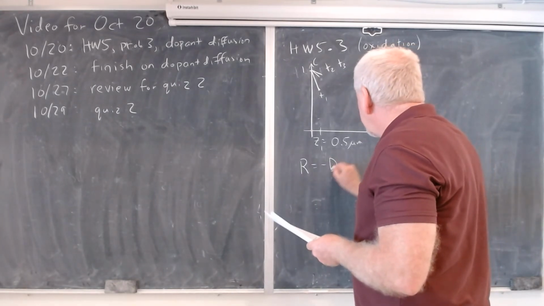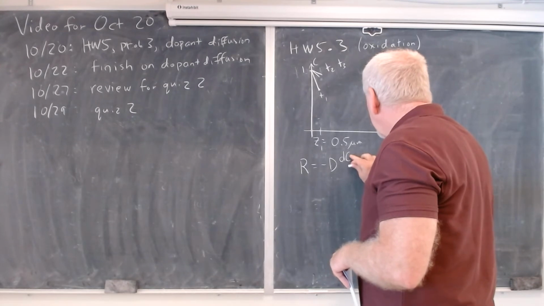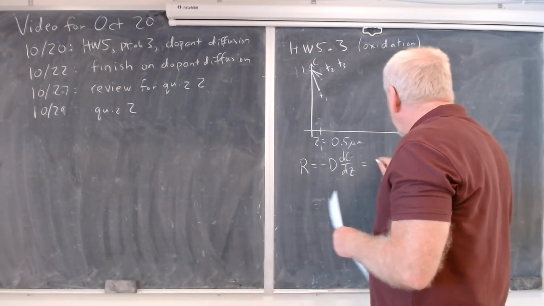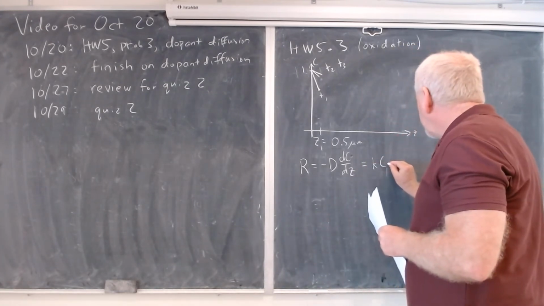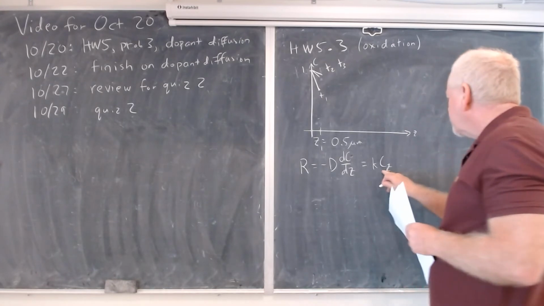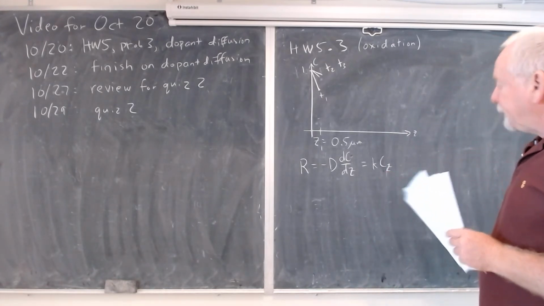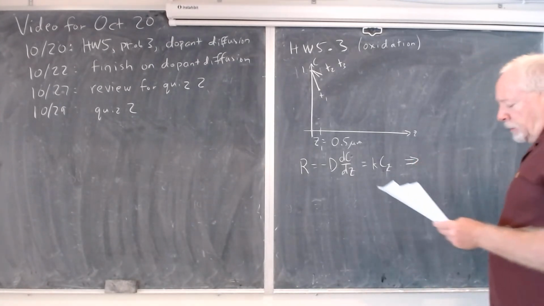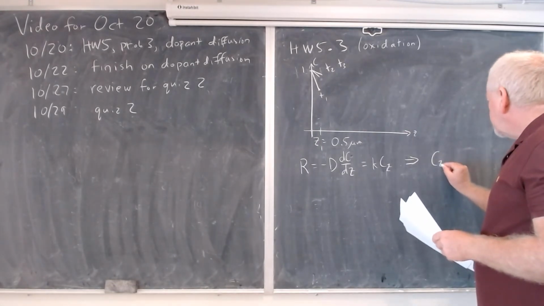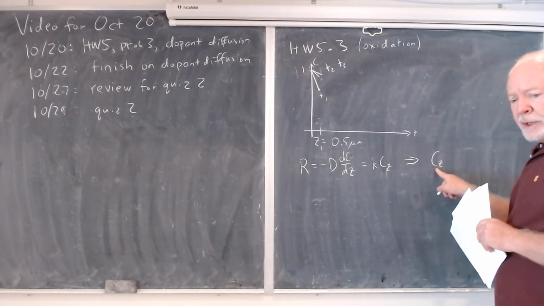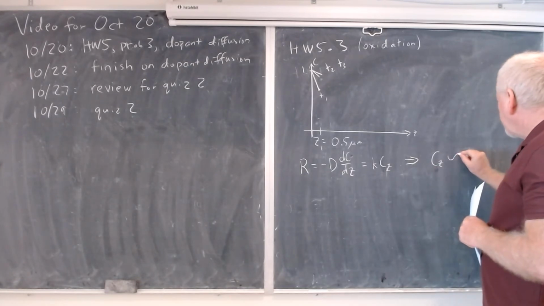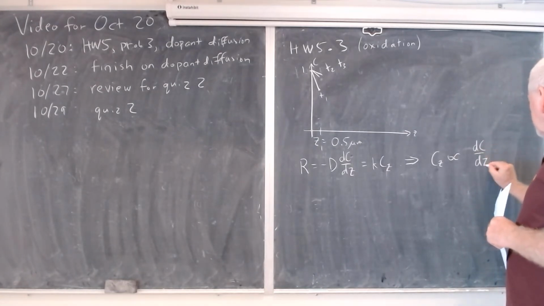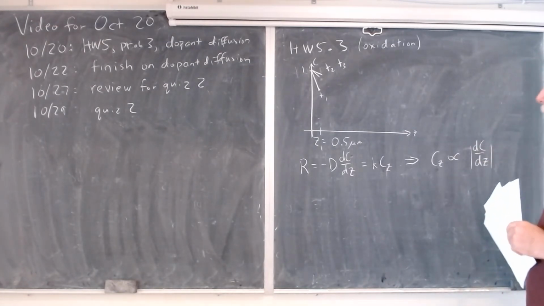It's equal to the flux, and it's equal to the reaction rate constant times the concentration at Z. So what I wanted you to understand is that Cz, the concentration of oxygen at the oxidation depth, is proportional to the absolute value of dC/dZ.